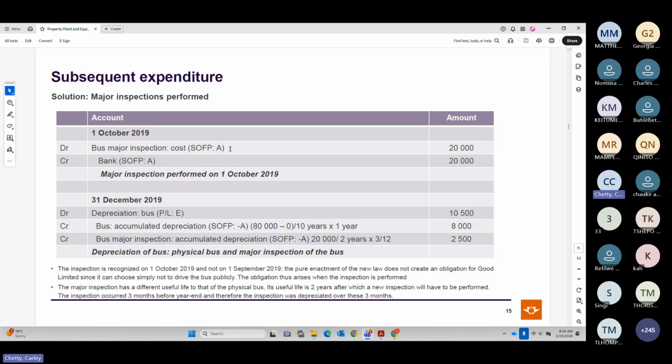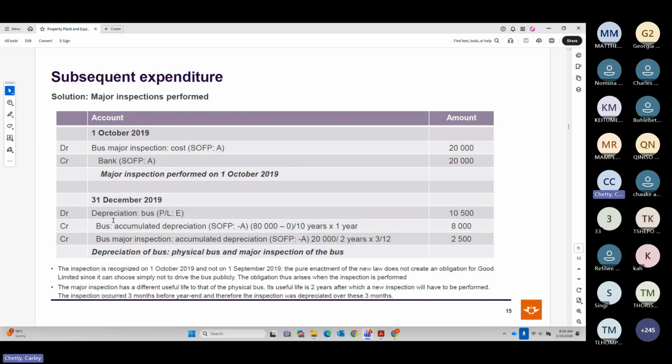You can see we're recording the bus major inspection as an asset, and we are crediting back with 20,000 Rand. So we are recording the major inspection as an asset on 1 October 2019. Now we need to depreciate the inspection and the rest of the bus.